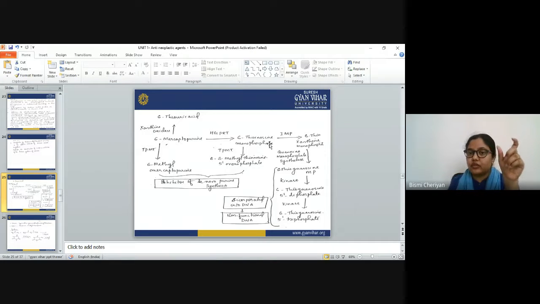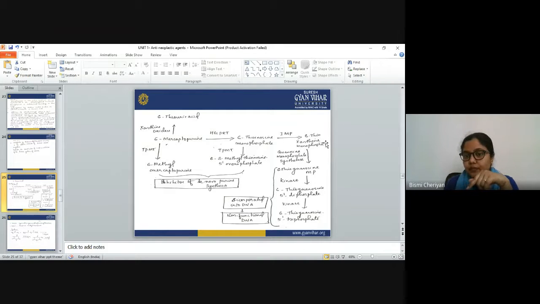6-thioinosine monophosphate. And this 6-thioinosine monophosphate is converted into 6-thioxanthine monophosphate in the presence of IMP, that is inosine monophosphate.